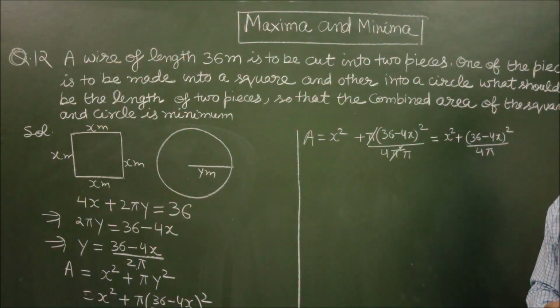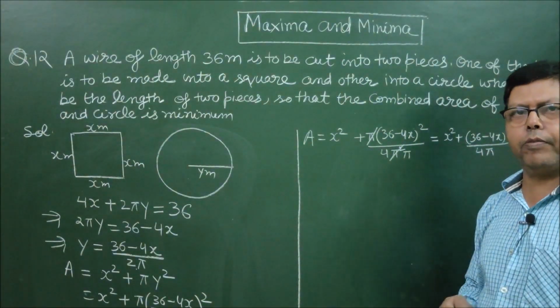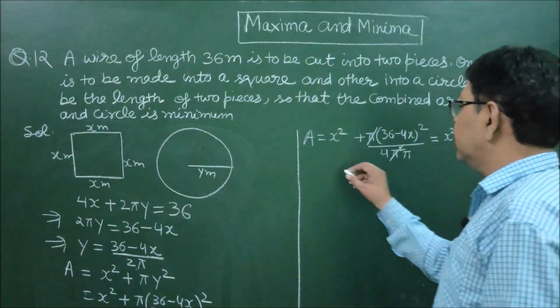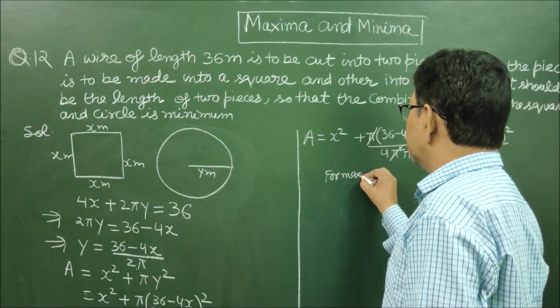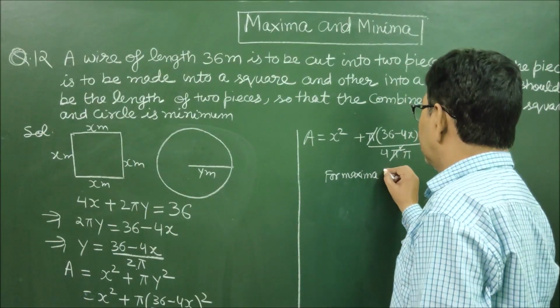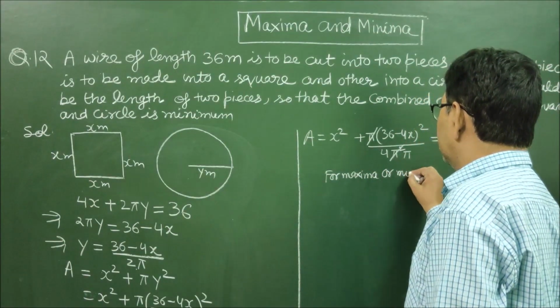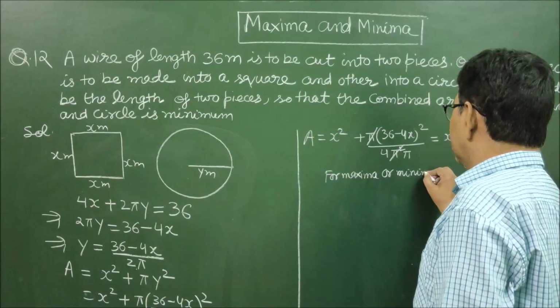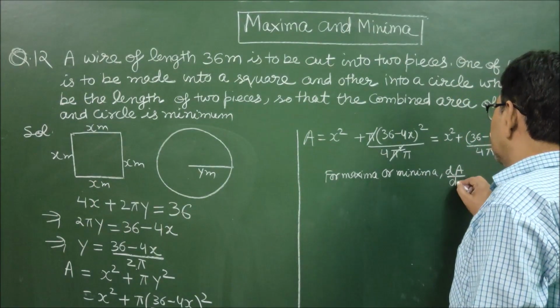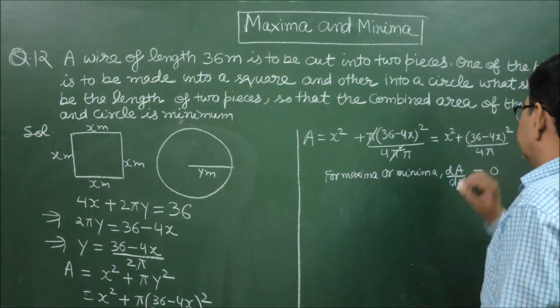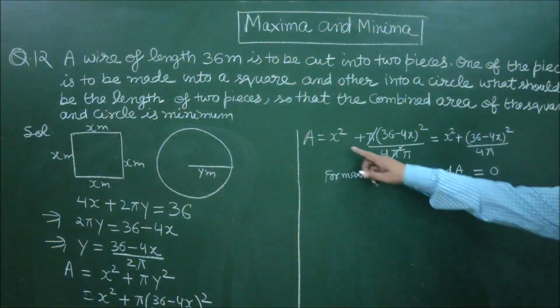Now for maxima or minima, dA over dx must be equal to 0. So let us differentiate this function with respect to x.